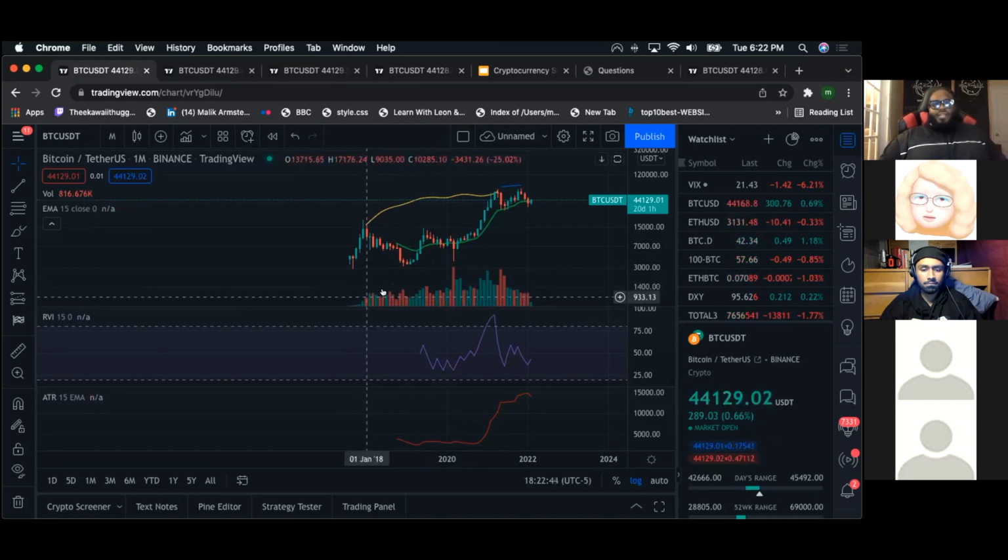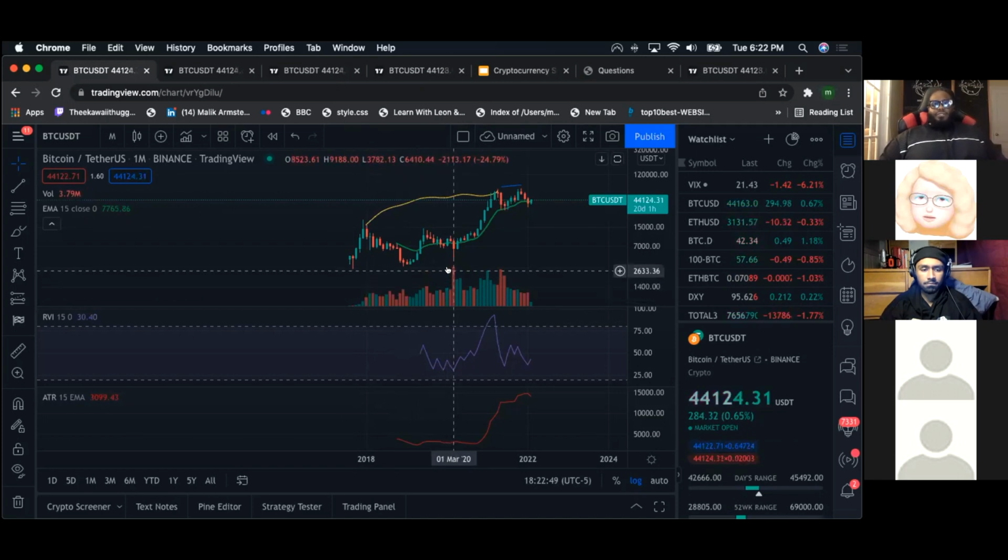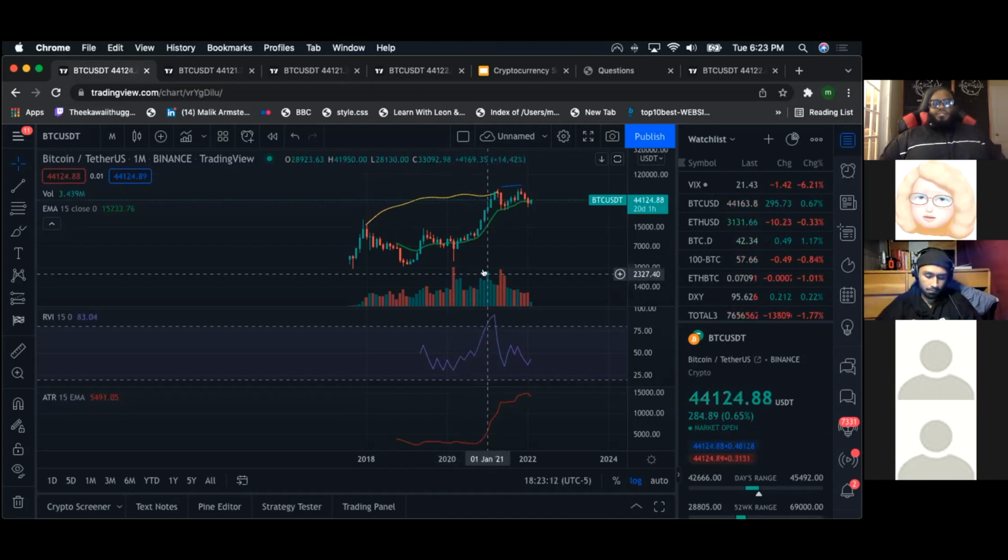So you look from 2018 all the way to when the pandemic started, that was the most volume traded in a month's time, and it was selling pressure. That's what the red represents, a lot of selling. But besides that, after March, what we saw is just a lot of upward trending, higher highs, month after month during this pandemic.